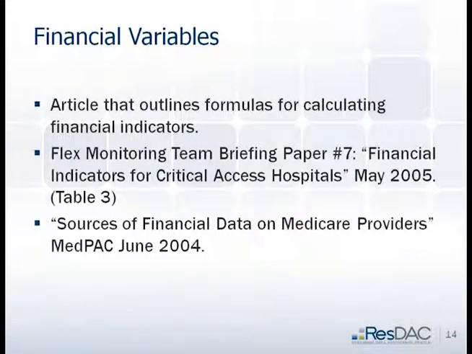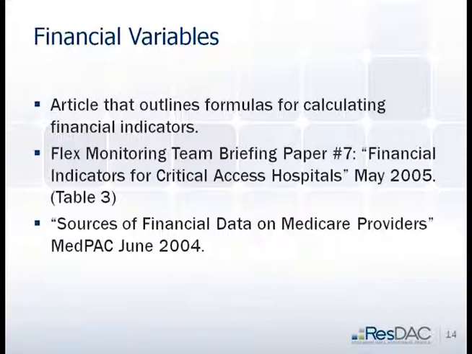For the financial variables, this article that I'm recommending outlined formulas for calculating financial indicators. So if you're someone who would like to calculate a financial indicator but has no clue what that would mean or how to calculate it, like me, then this Flex monitoring team, they specialize in critical access hospitals, and they look at critical access hospitals and their financial health.